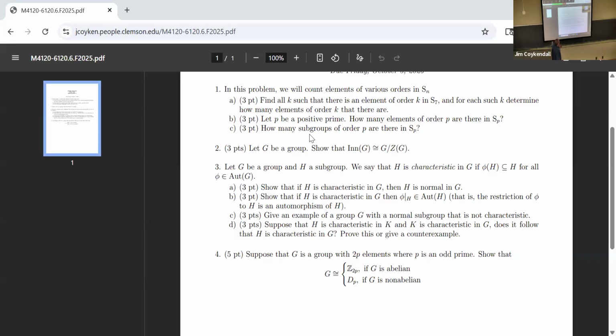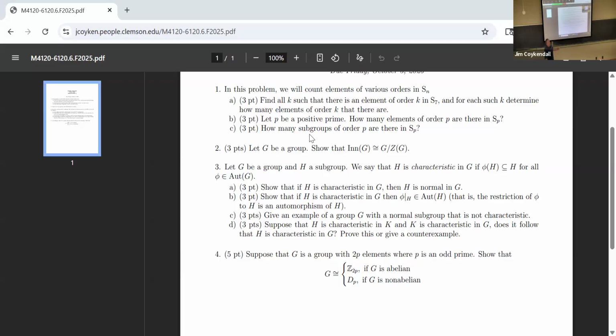Show that if H is characteristic in G, then this means restriction. When you restrict this automorphism of G down to H, this is an automorphism of H. As a follow-up, give an example of a group G that has a normal subgroup that's not characteristic.